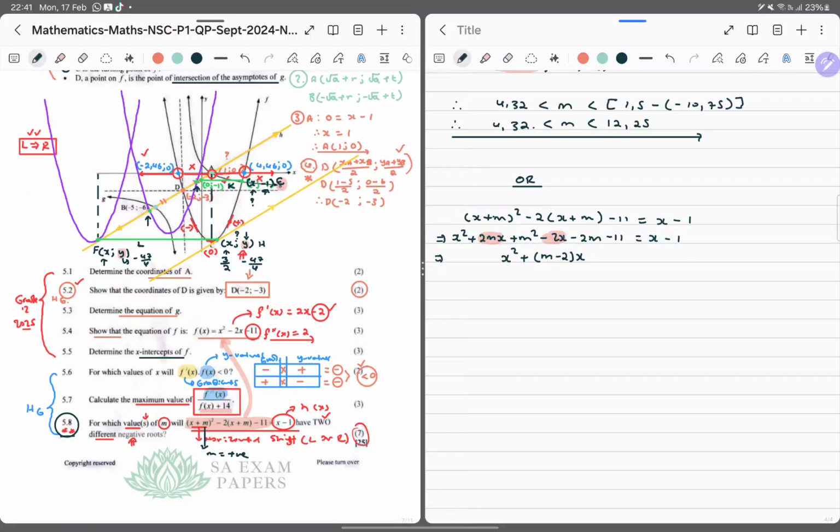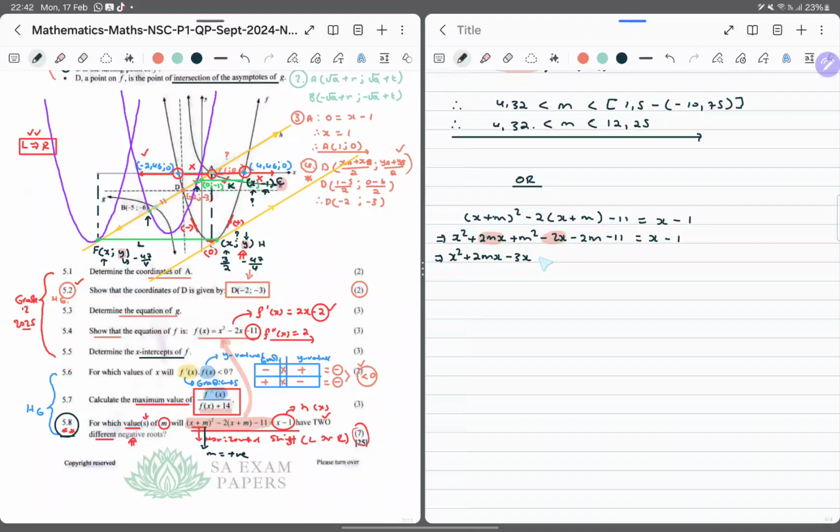So please know how to factorize by grouping. Let's go systematically. So let's say plus 2mx. Let's start at the back. So this is x squared plus 2mx. We bring in this one here, it becomes minus 3x.